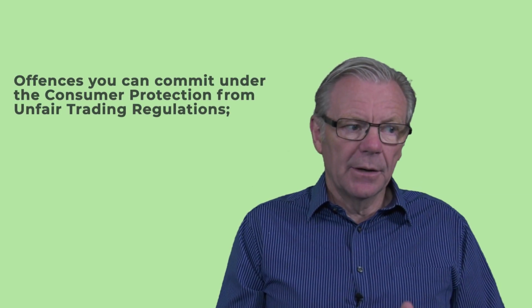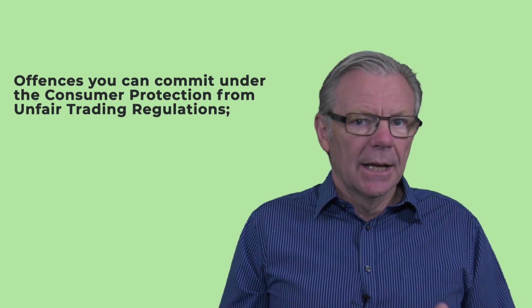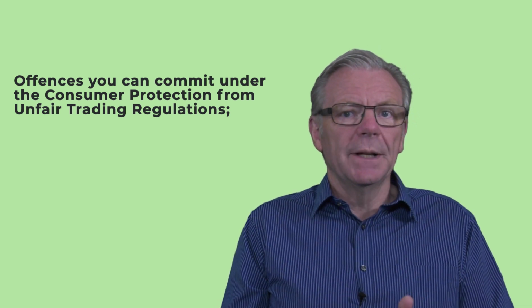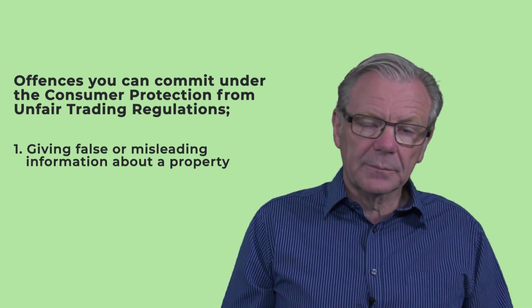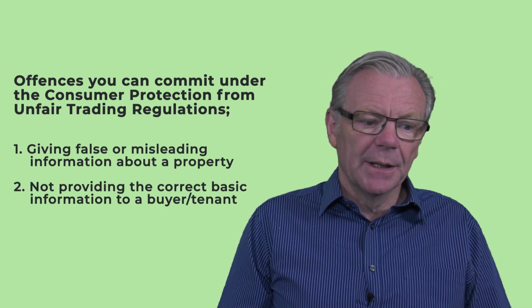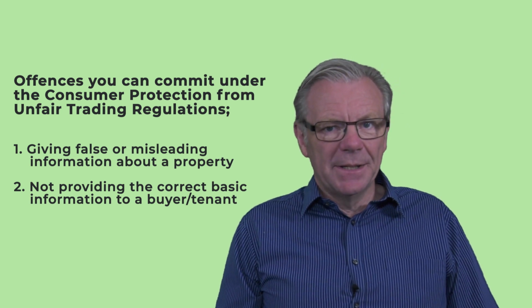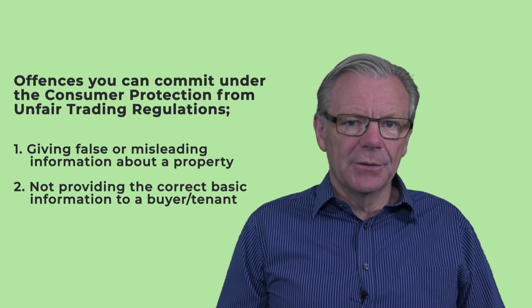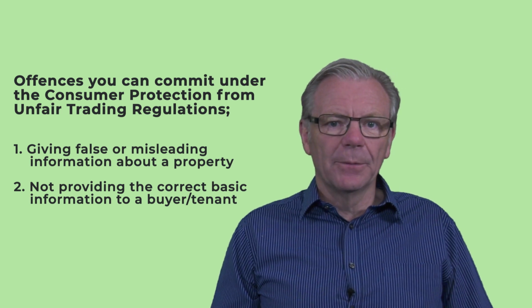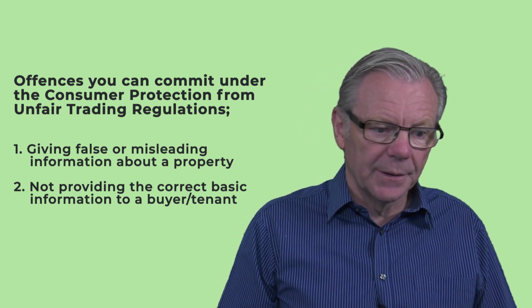The regulations that we're talking about here are the Consumer Protection from Unfair Trading regulations. And just so that we're clear, there are 3 offences that you can commit. The first one is giving false or misleading information about a property. The second one is ensuring that you provide the right basic information to a buyer and a tenant to ensure they're well aware of the property that they're getting involved with.